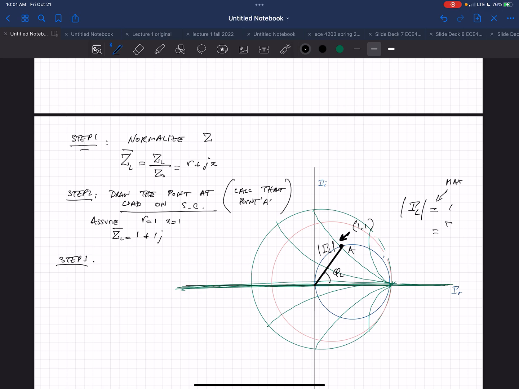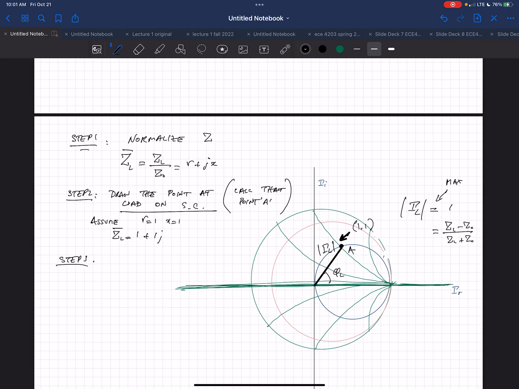Because remember, this is Z sub L minus Z sub 0 over Z sub L plus Z sub 0. You guys with me? So that was always the case. The maximum value is 1.